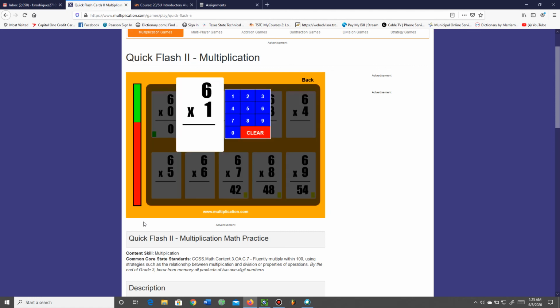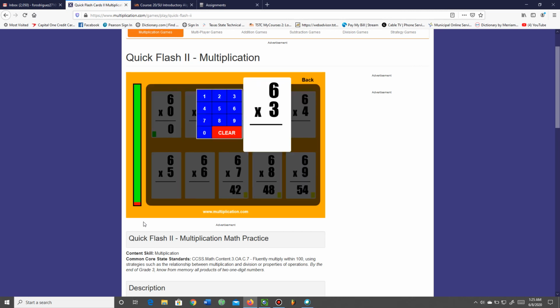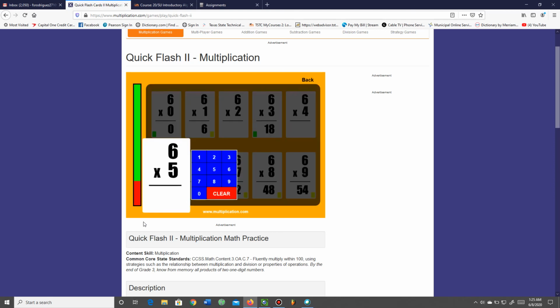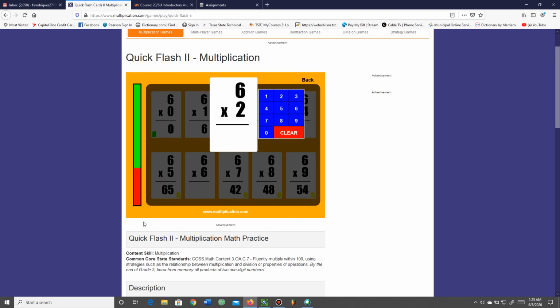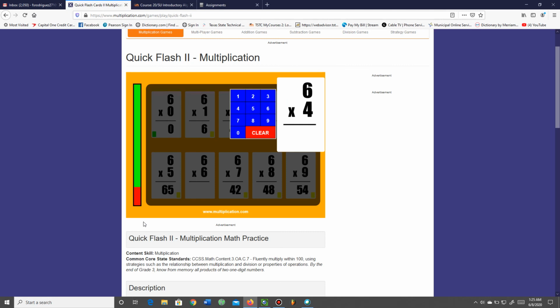That's what it looks like whenever you do it before your time's up. And what if you get it wrong? Well, this is what it's going to look like. Oh, you didn't get it. Okay. This is what it's going to look like if you get it wrong. It's going to give you a red card.